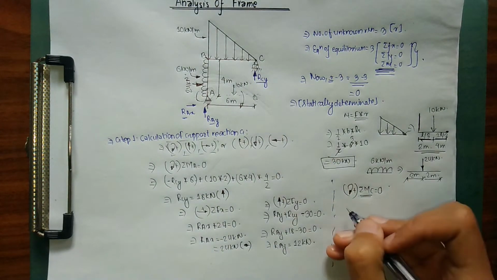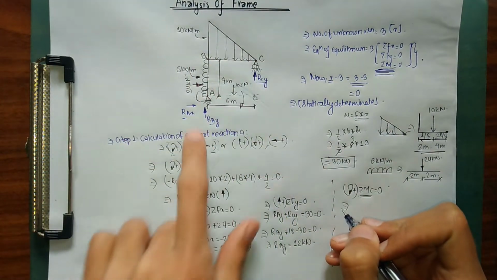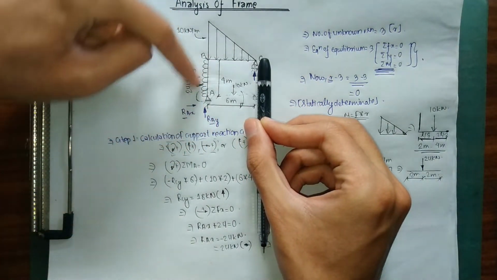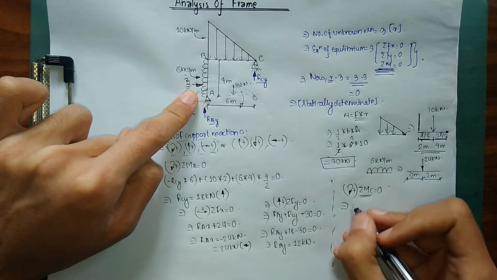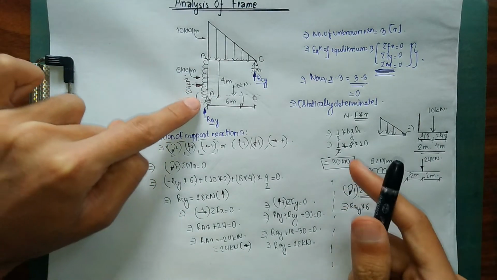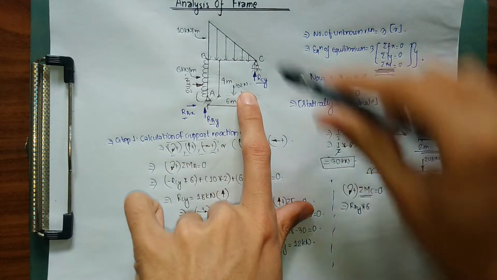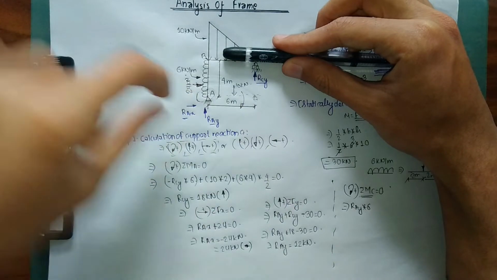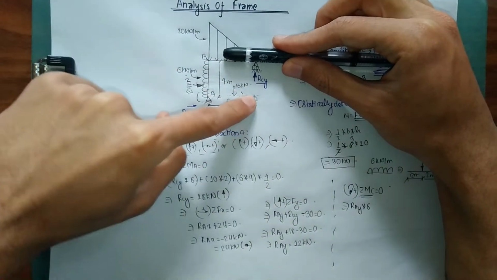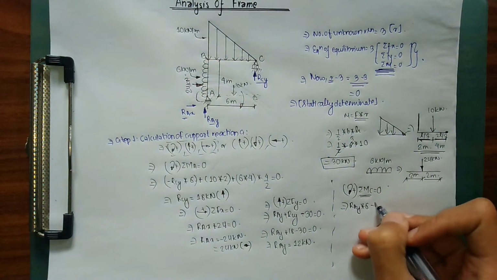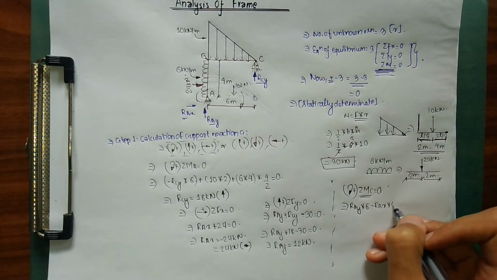I'm going to go from A to C. With respect to point C, RAY is going to produce a clockwise moment, so positive RAY into 6. RAX with respect to point C is going to produce an anti-clockwise moment, because RAX is pushing the beam this way, so minus RAX into 4.